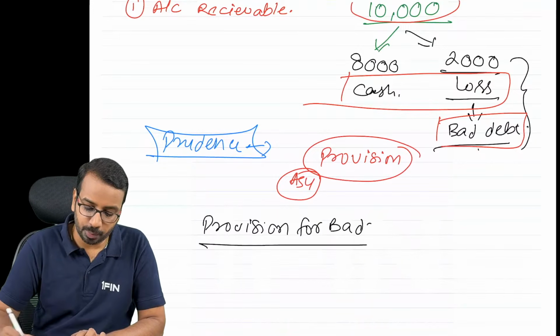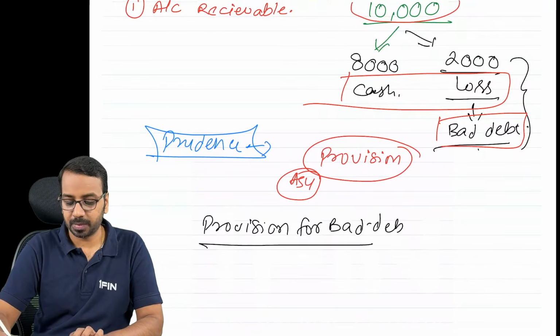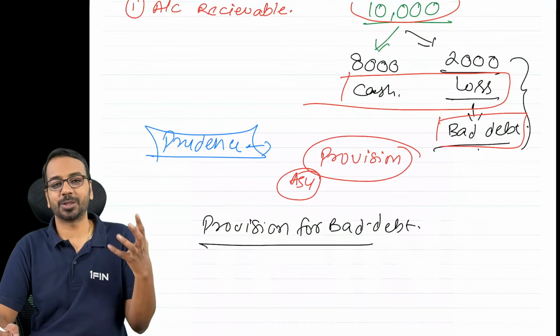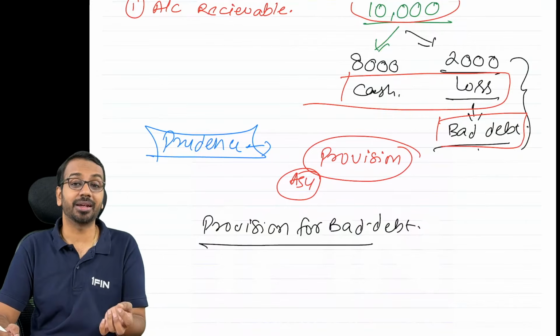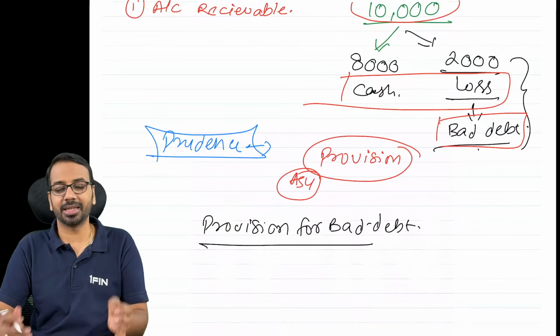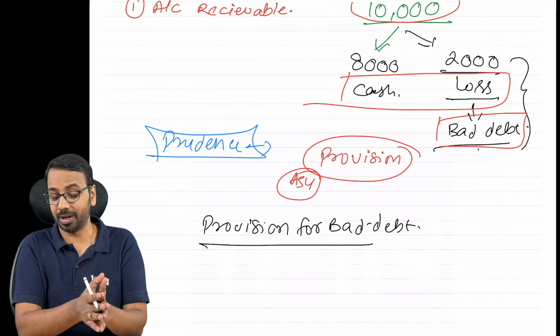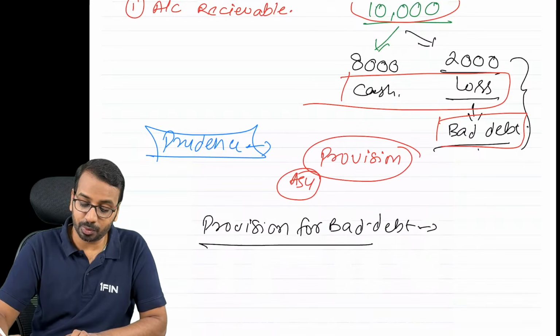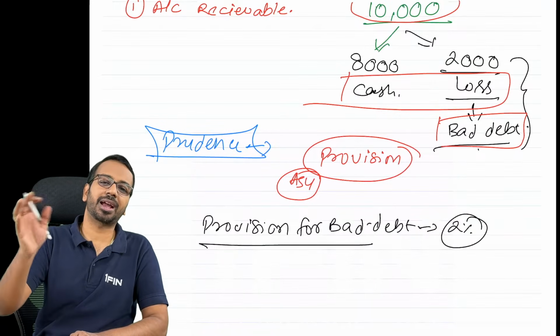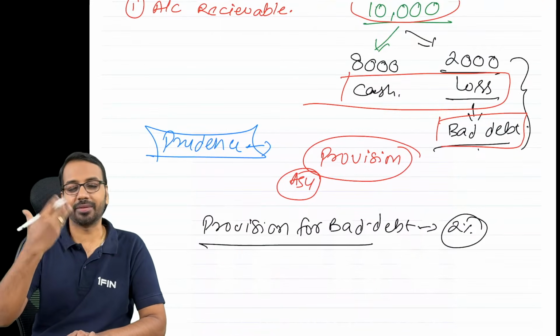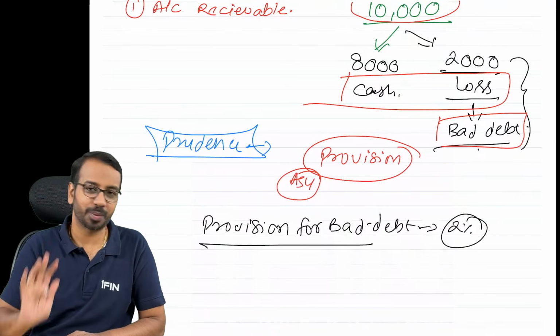So what companies generally do is, based on their past experiences, they make an estimate, saying that based on our historical estimates, there will be a provision for bad debt of, let us say, 2%. Means whatever accounts receivable we have, 2% will not pay.